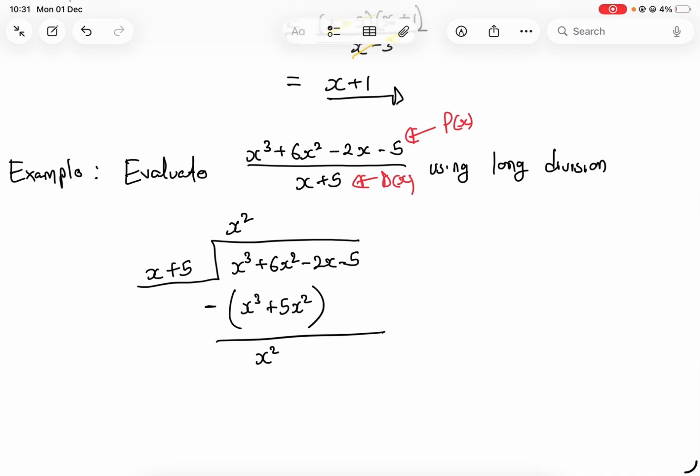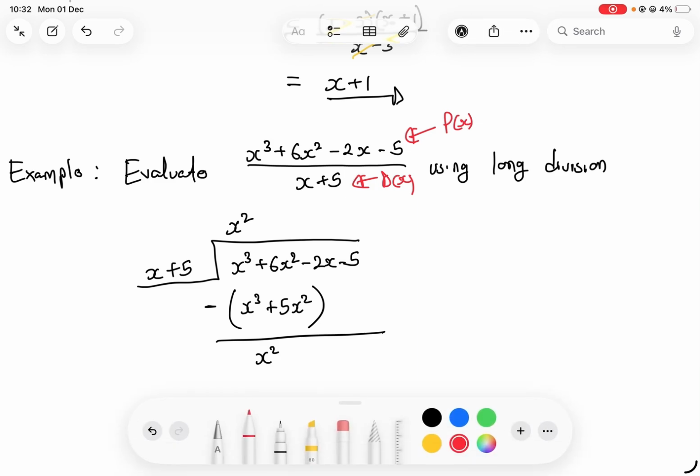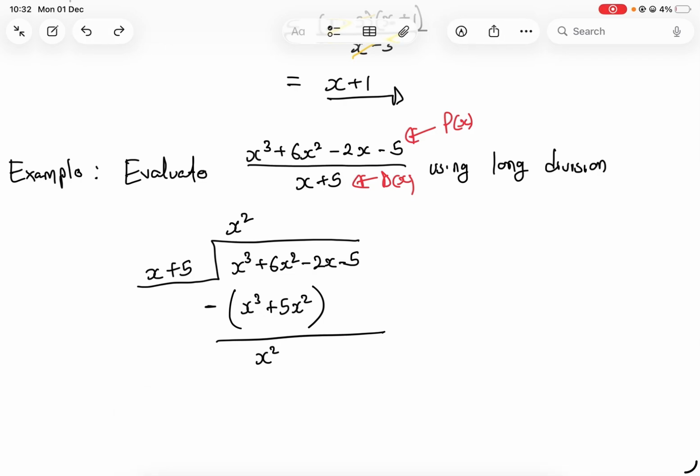Then there are no like terms corresponding to these, which means I have to drop them as they are. Which means I'd have x squared minus 2x minus 5.